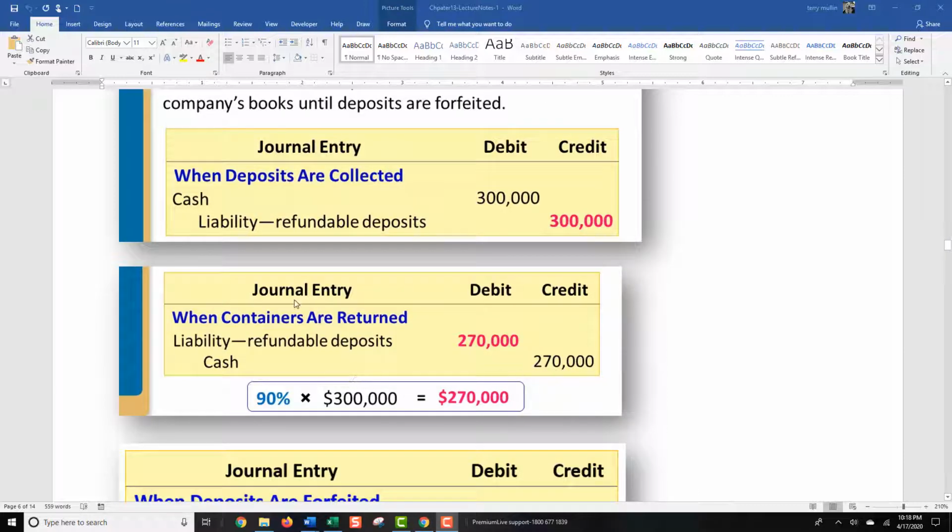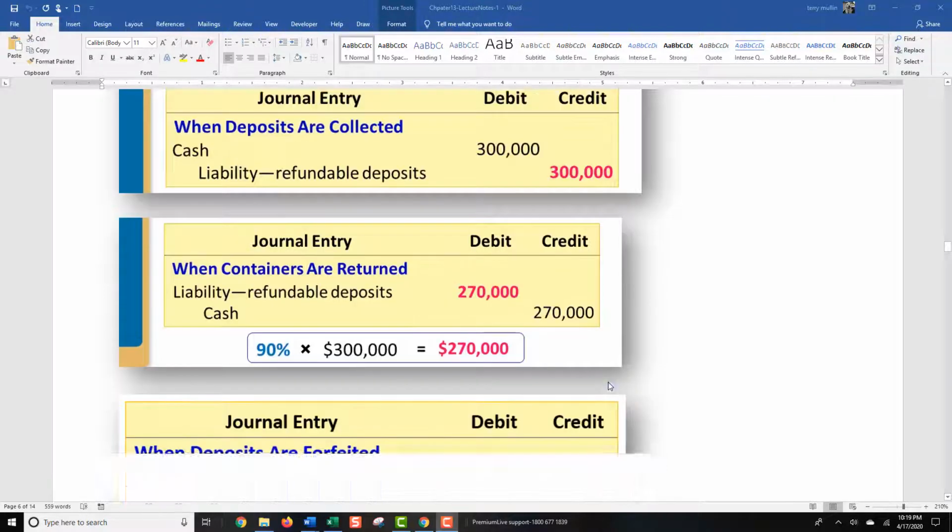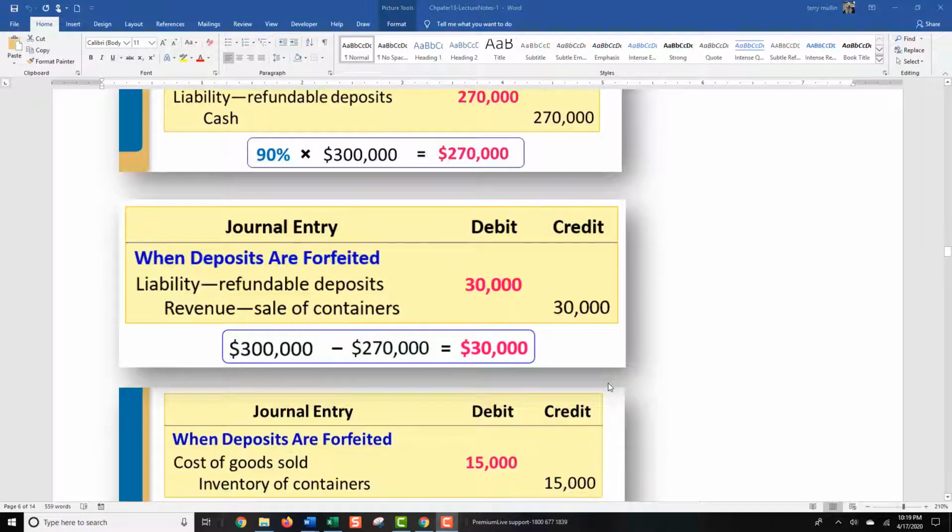90% in the second journal entry, 90% of the people returned the containers. So the liability comes off the books and they give people the cash back. Right? So they take in the cash of $300,000, they give back the cash of $270,000. So they still have $30,000 in cash.